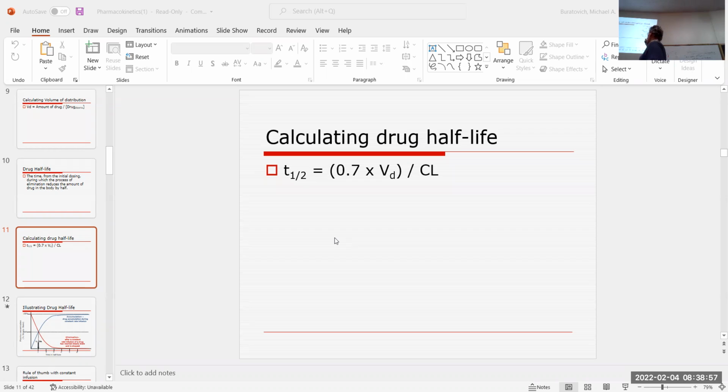That will give you a steady state concentration of 10 milligrams per liter over this unit time. So that's your maintenance dose for that. 28 mg per hour for your intravenous dose gives you this plasma concentration of 10 mg per liter.